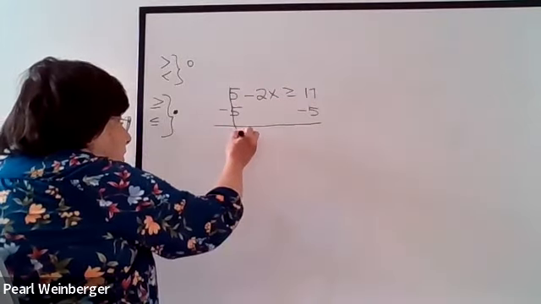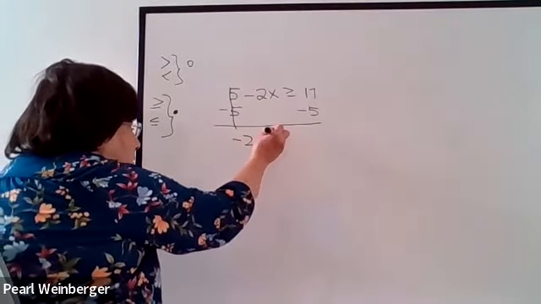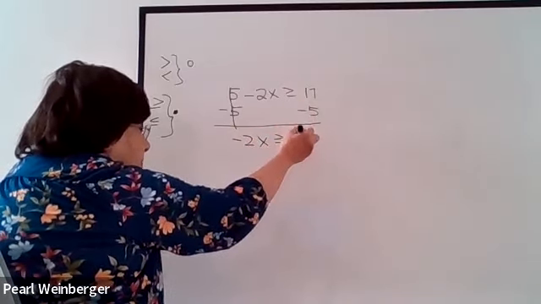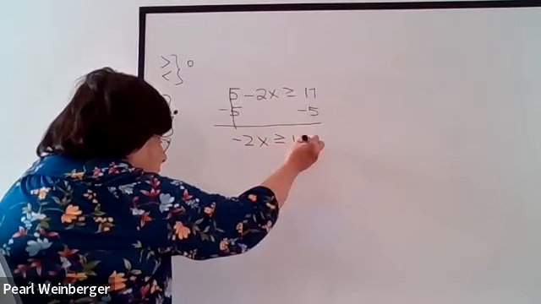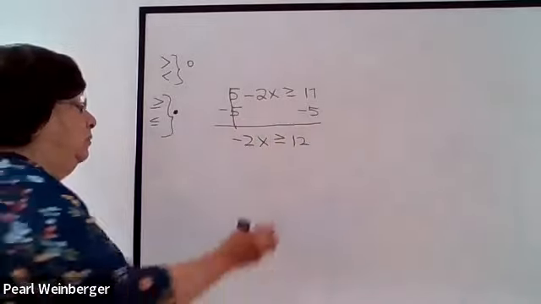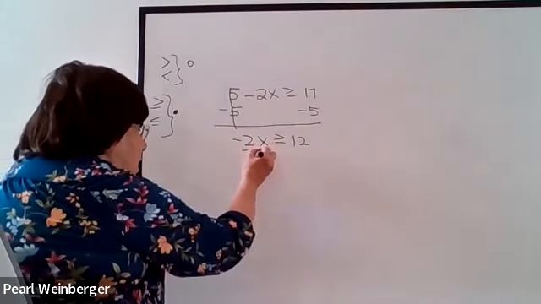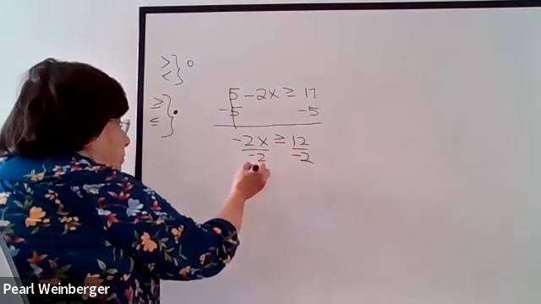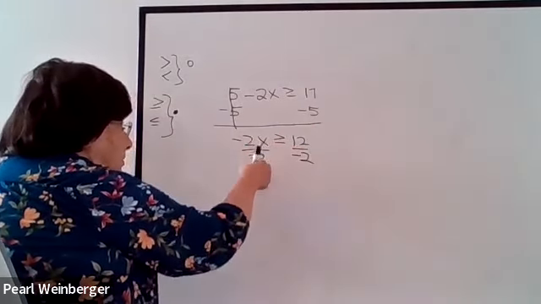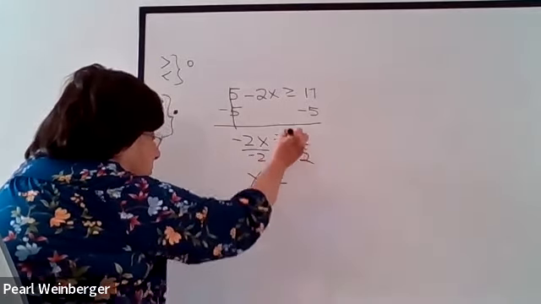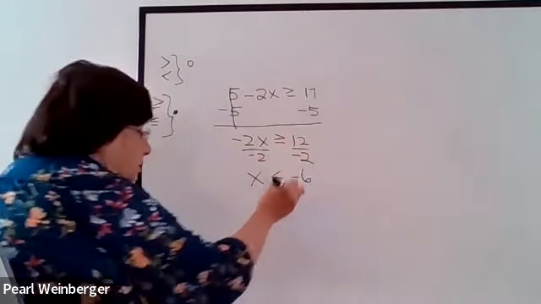Which will leave me negative 2x greater than or equal to 17 minus 5, which is 12. And then I have to divide by negative 2. Which gives me x. I divide by the negative number, so it's less than or equal to negative 6.